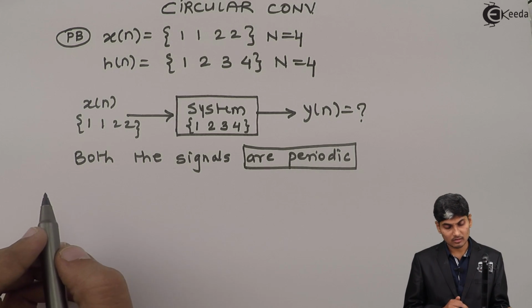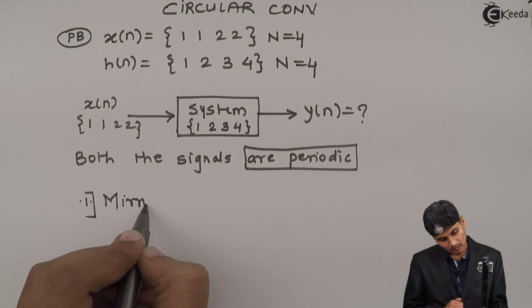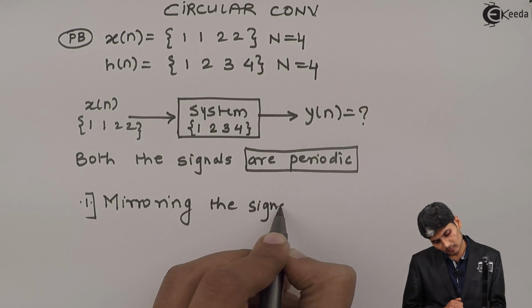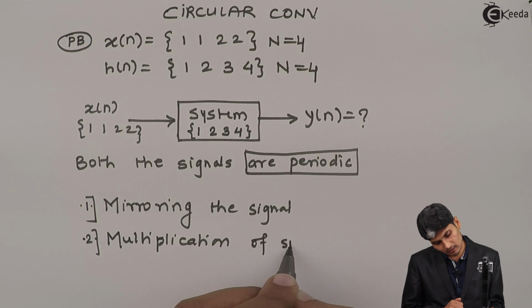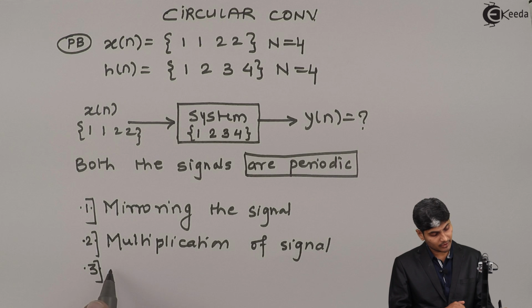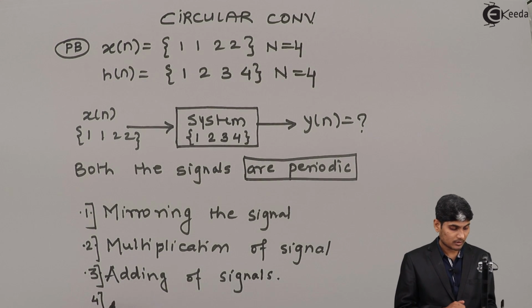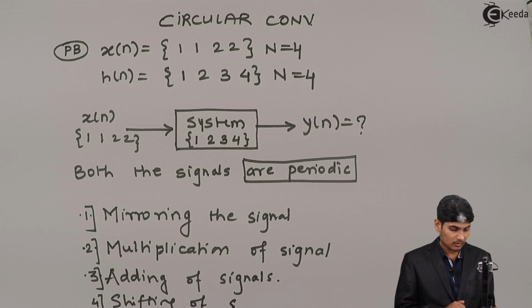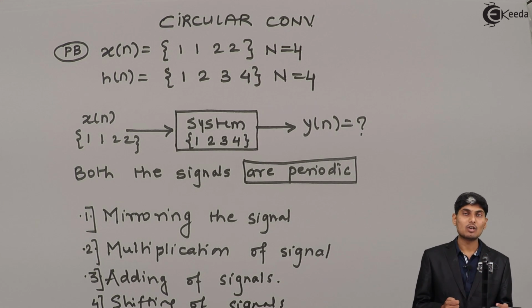The method is simple. Basically, in convolution, first we mirrored the signal, then we checked the overlaps, multiplied and added the overlaps, and then we went for the next sequence by shifting the signal by 1 unit, then again overlapping, multiplying, adding, and so on and so forth.